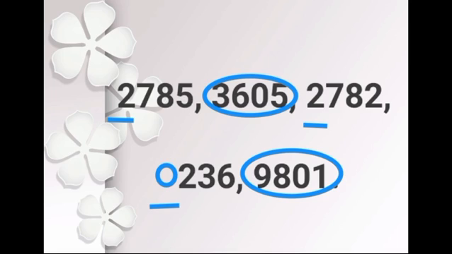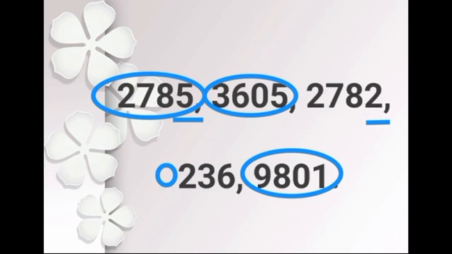But there are 2 twos in the thousands place. So, we compare the hundreds place, as each number has 7. Again, we compare the tens place, as each number has 8. So, finally, we compare the ones place. Dears, which number is bigger? Yes, very good. 5. So, the third number is 2785.